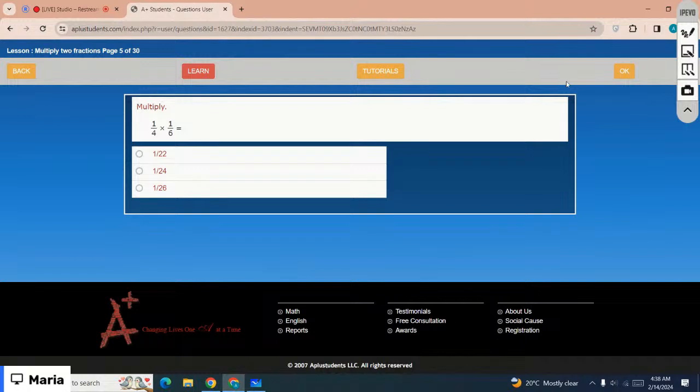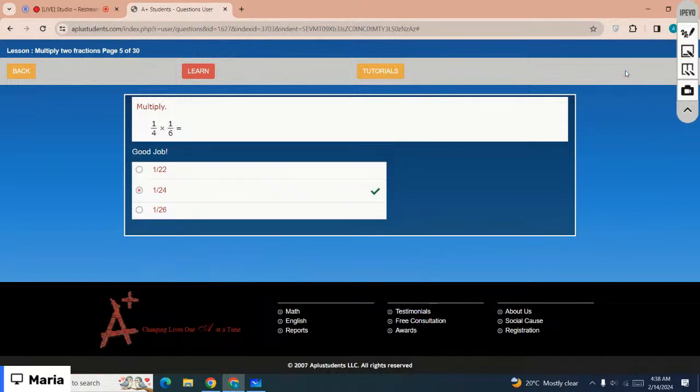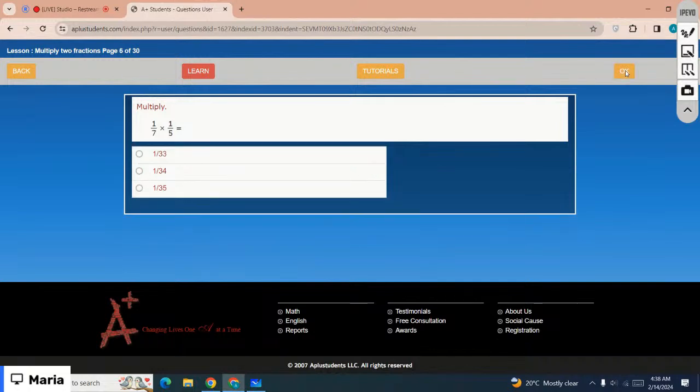Option number 2 is the correct option. 1 by 7 times 1 by 5.